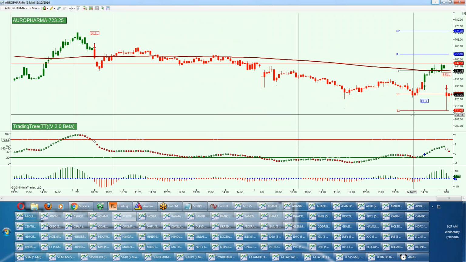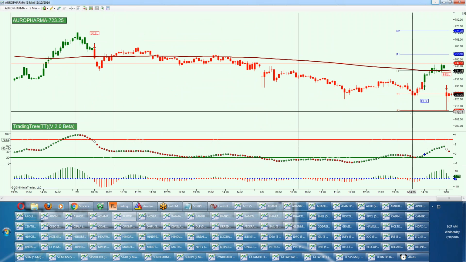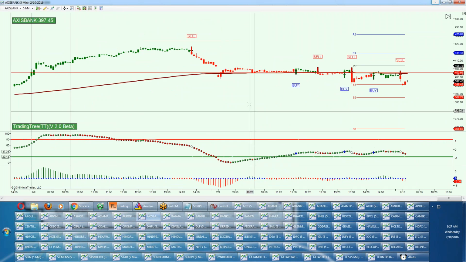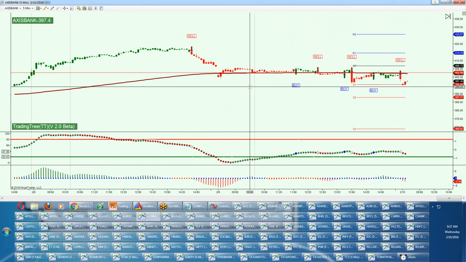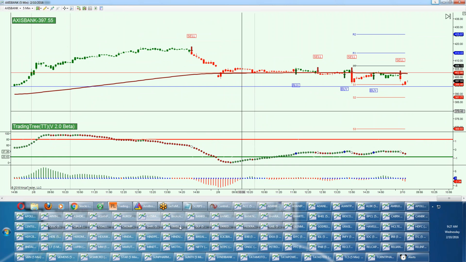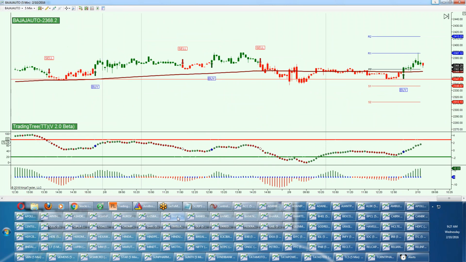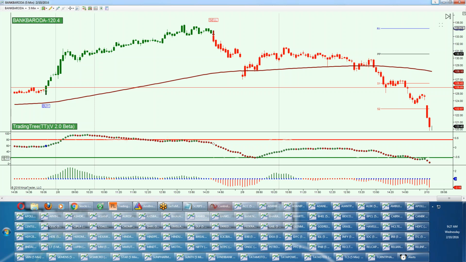So Aurobindo Pharma, we will short it below the S2. Axis, we will short it below this S1. Bajaj, we will buy it above R1. Bank of Baroda is already down.